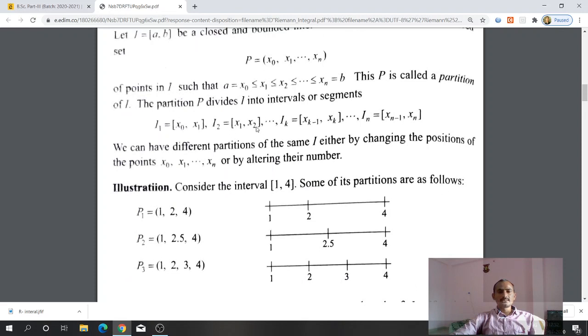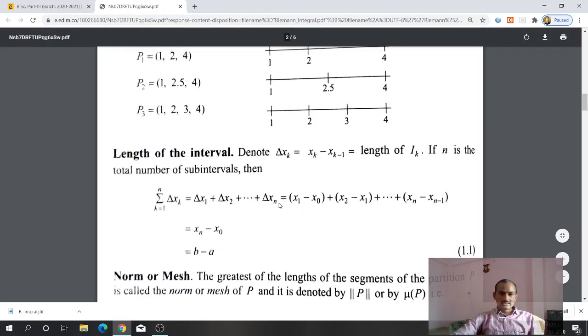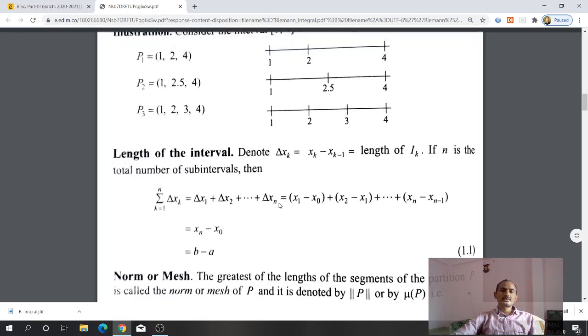Your I2 is the closed interval x1 comma x2, and its length is the difference x2 minus x1, and so on. What is the length of the nth interval? The notation is delta xn, so this is xn minus xn minus 1.